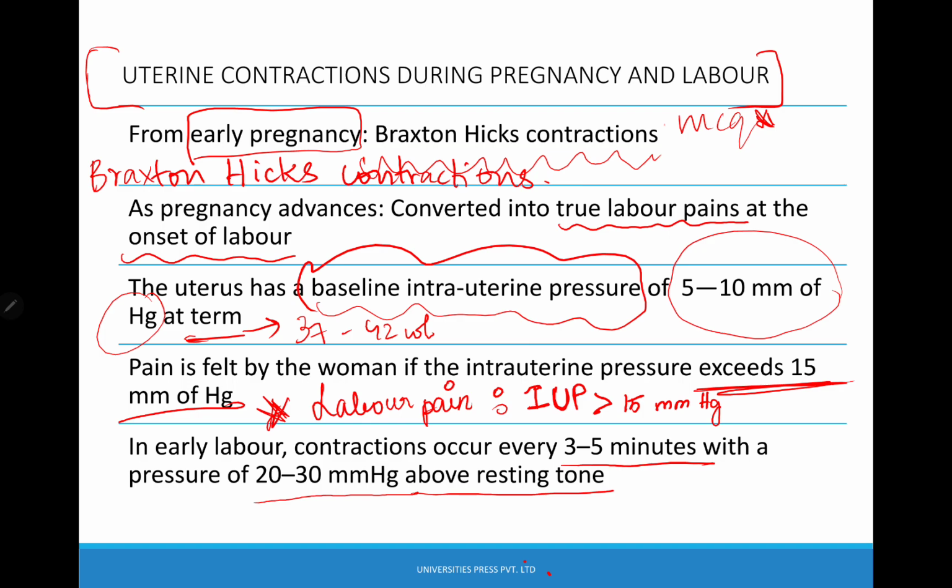The baseline intrauterine pressure at term is 5 to 10 mm Hg, and labor pain is felt when the intrauterine pressure exceeds around 15 mm Hg.